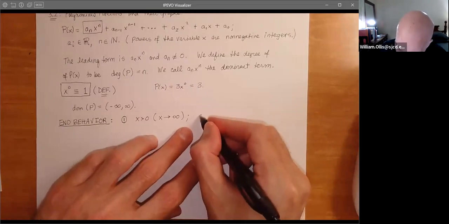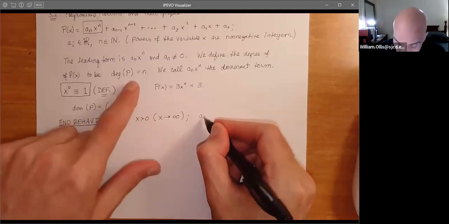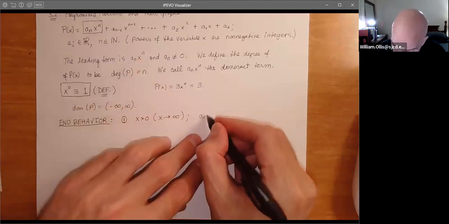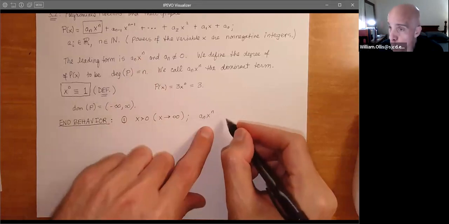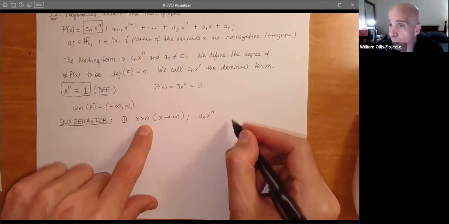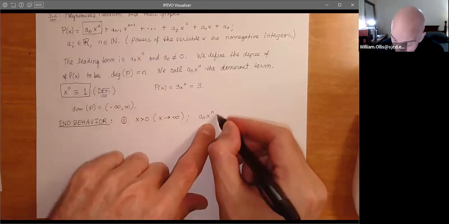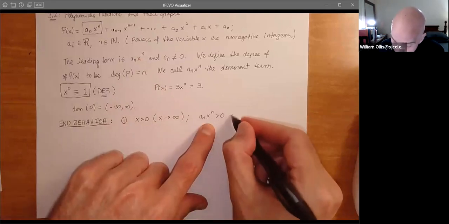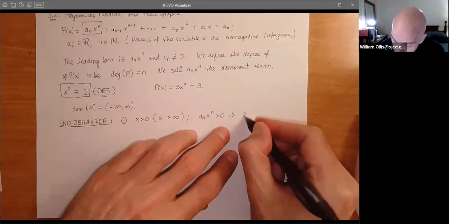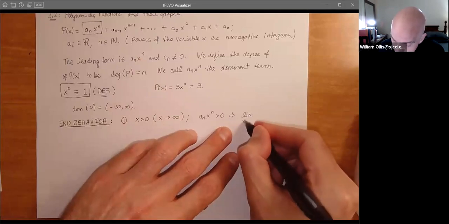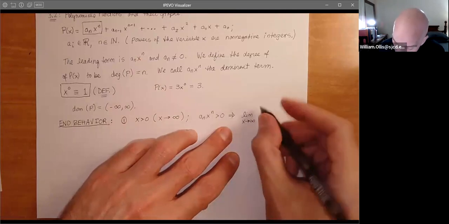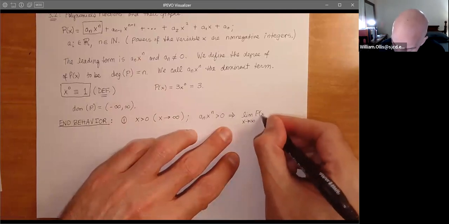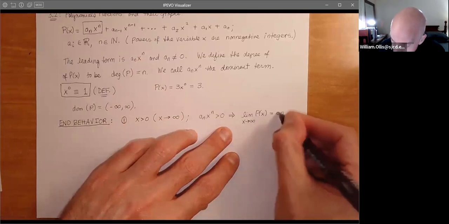We'll say a sub n, we look at the dominant term right here. If this term, when you just substitute a positive number, is actually positive, then this implies, using some limit notation, the values of P become arbitrarily large. And we'll just say infinity.